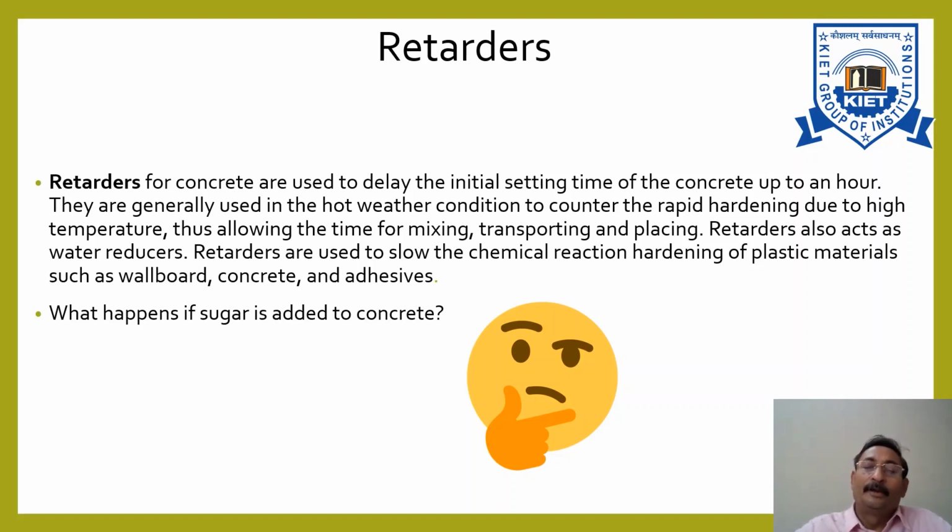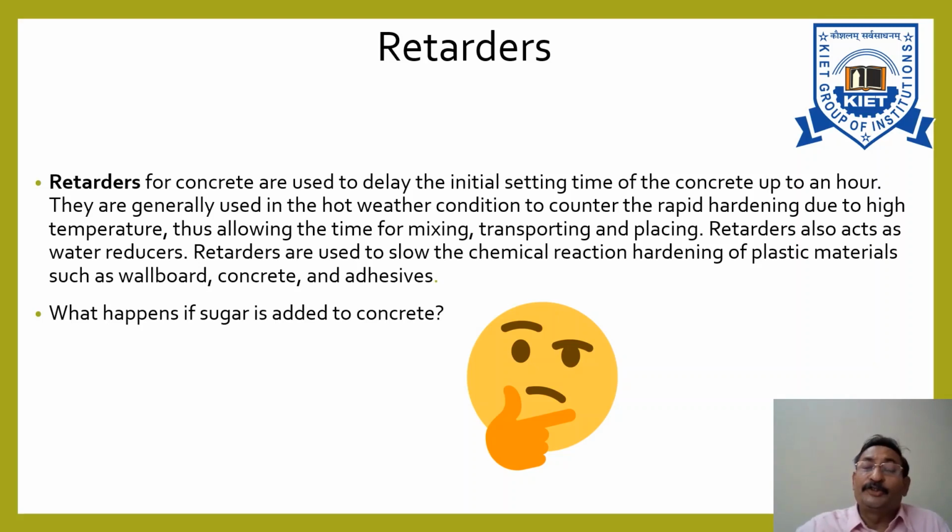Generally, they are used in hot weather conditions to counter the rapid hardening due to high temperature, thus allowing time for mixing, transporting, and placing. They may also act as water reducers. Retarders are used to slow down the chemical reaction for hardening of plastic material such as wallboard, concrete, adhesives, etc.